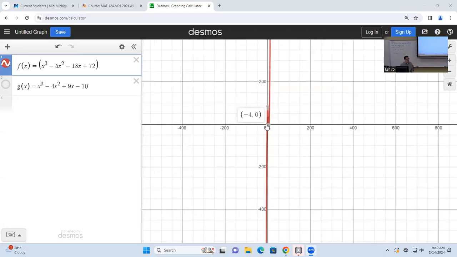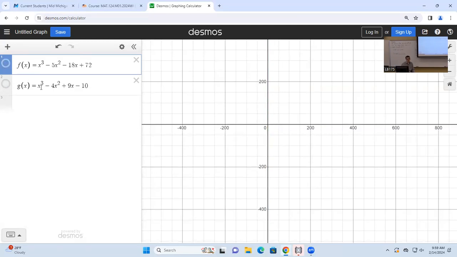Well, for a polynomial of degree 3, as I move left and right, one side's going to go to positive infinity and one side's going to go to negative infinity. That means at some place it had to cross the x-axis, right? So it has to have a real zero.